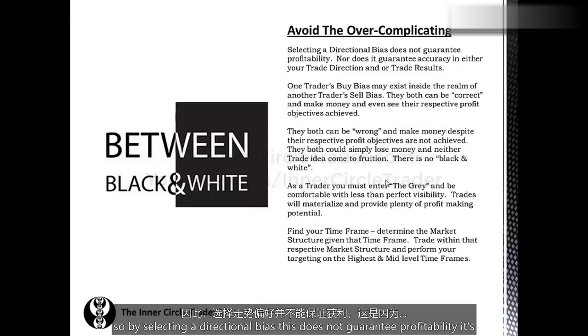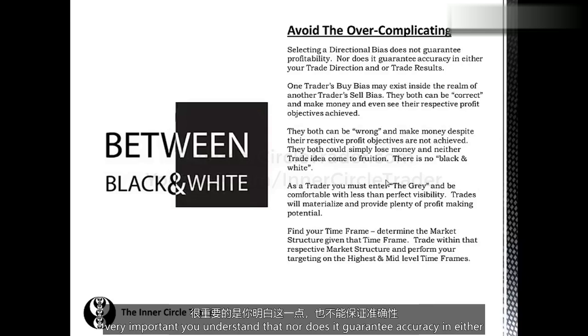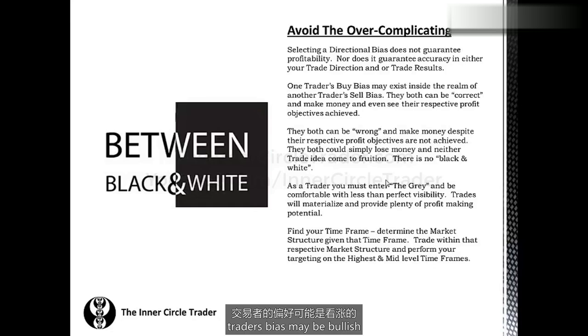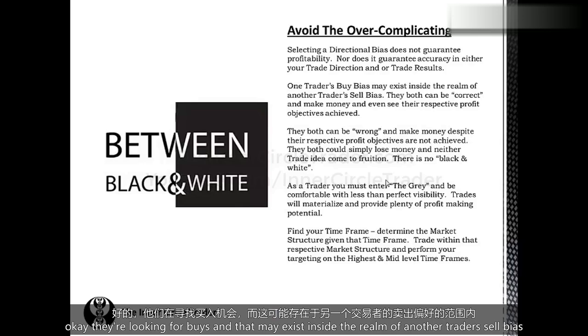Okay, so by selecting a directional bias, this does not guarantee profitability. It's very important you understand that. Nor does it guarantee accuracy in either your trade direction and/or your trade results. One trader's bias may be bullish, they're looking for buys, and that may exist inside the realm of another trader's sell bias.